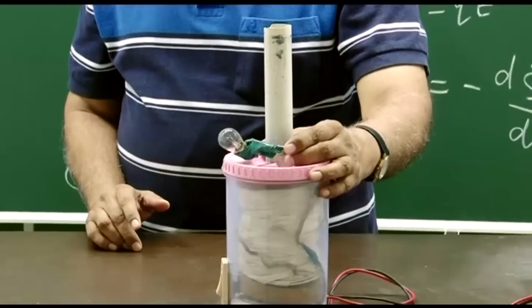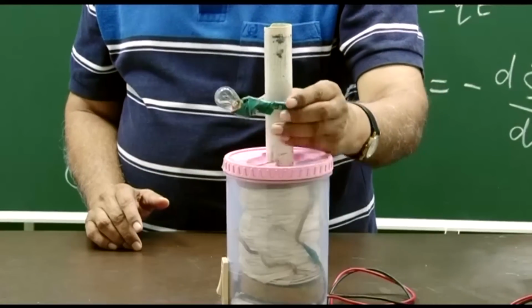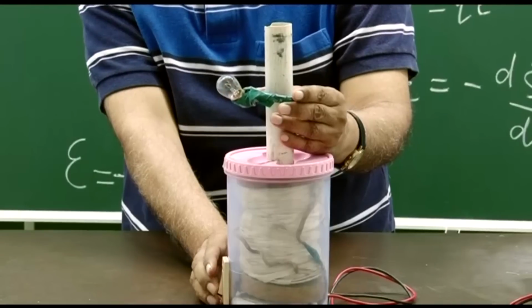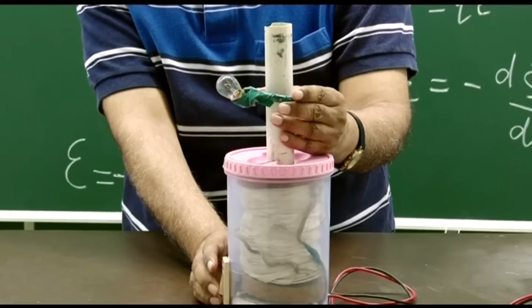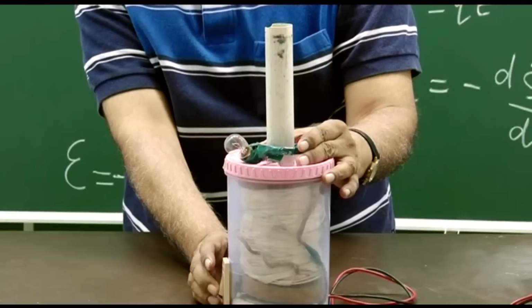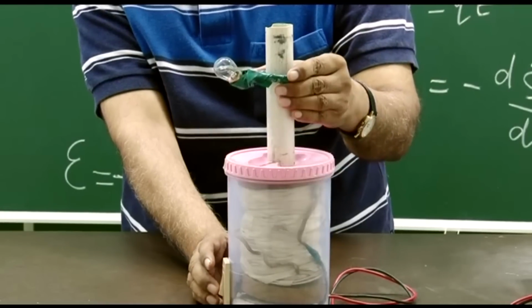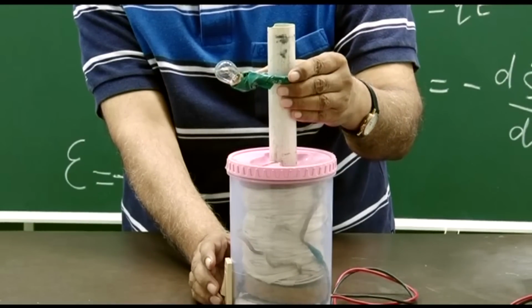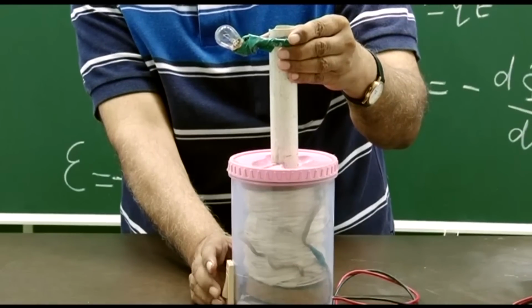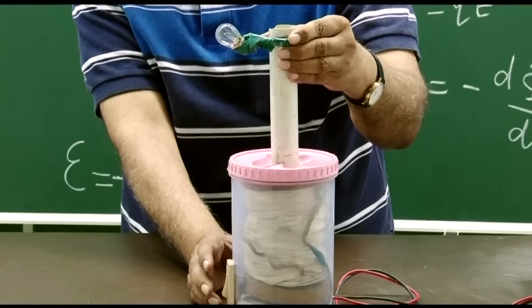If I put this circuit somewhere here, see what happens. The glow is there, but it is less intense. If I put it here, it is much more intense. If I put it here, the intensity is low, and if I put it here, you do not see the glow.